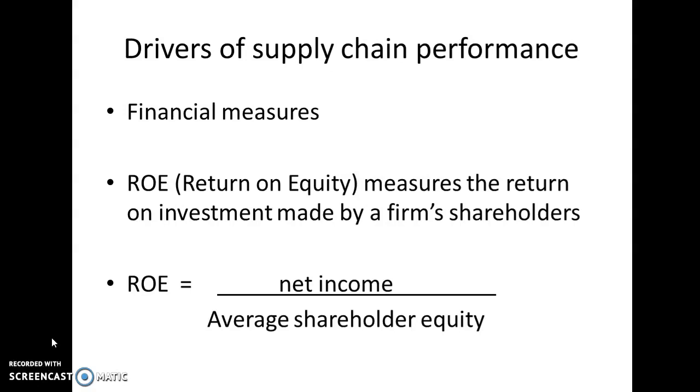The return on equity ratio tells how much profit the company can earn from investors' money. The formula is ROE equals net income divided by average shareholder equity. This ratio tells you how much money the company earns on an investor's amount. The higher the ROE ratio, the higher the profitability.